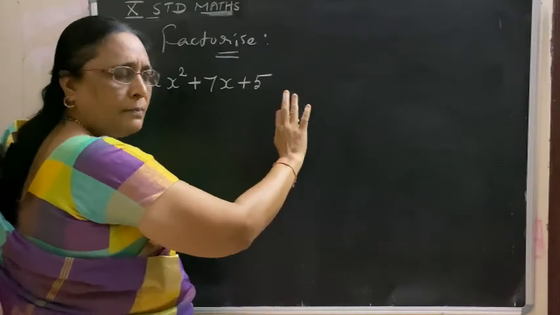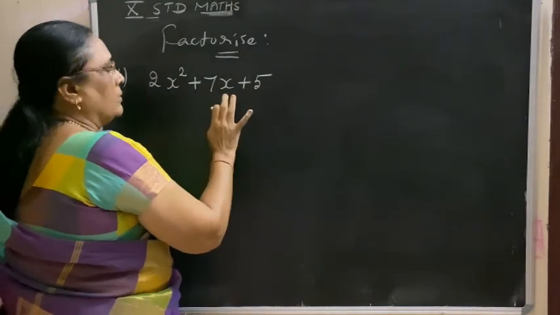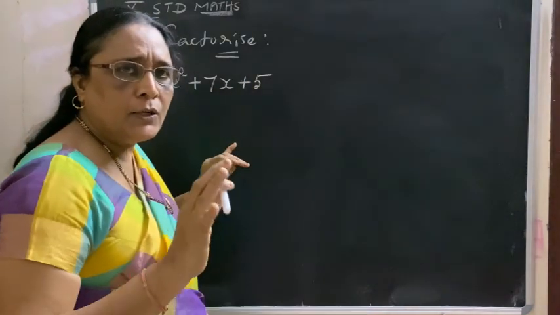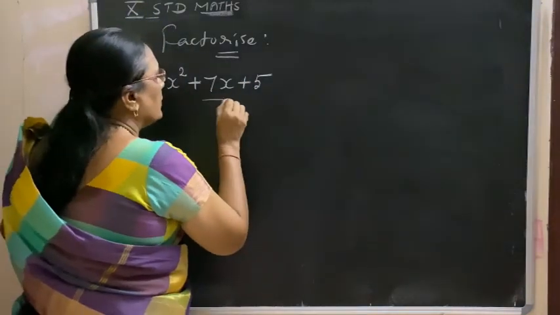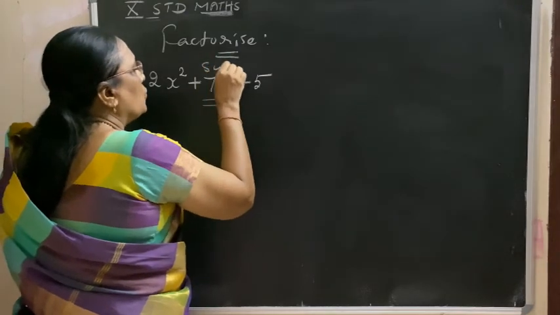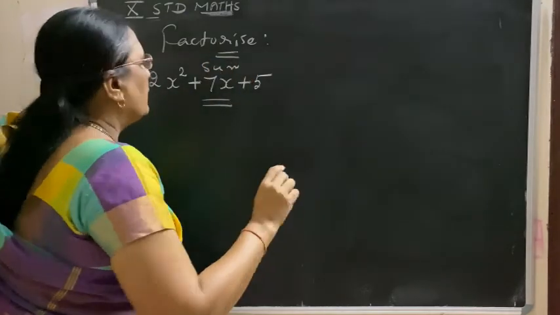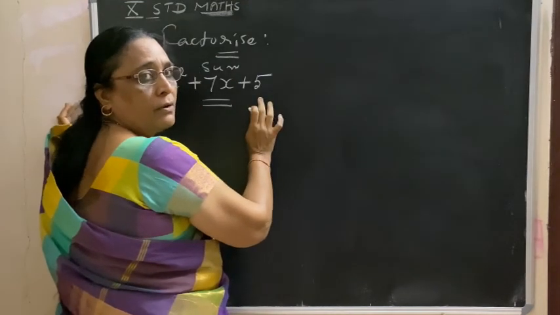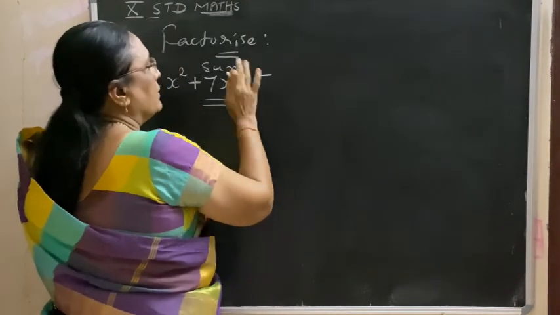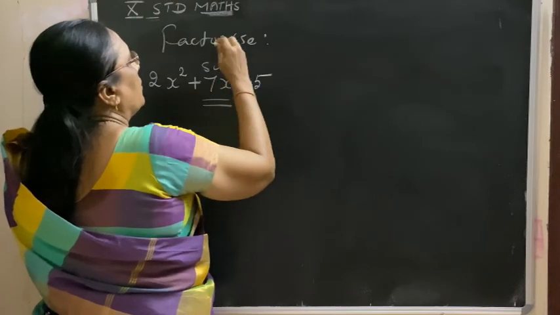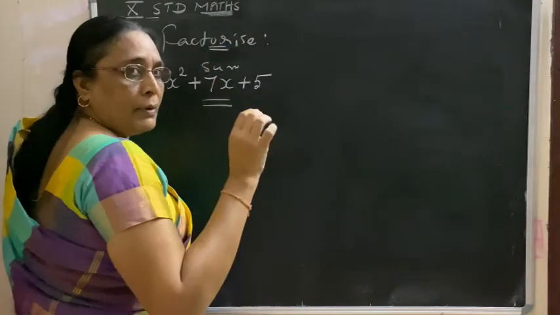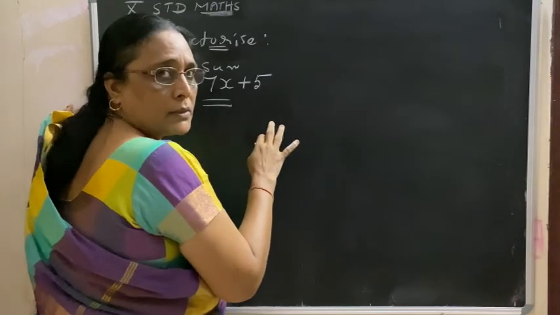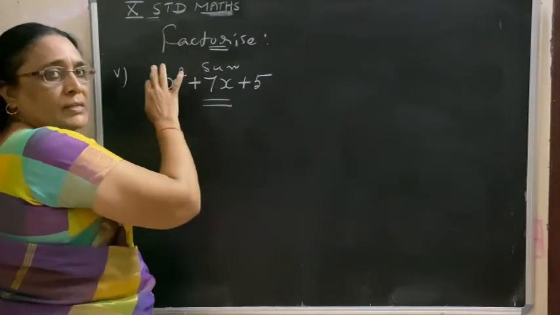Now see how the terms are given. All the terms are in plus. If all the terms are in plus, I already told you the center term you have to take as a sum of 2 numbers, and the last term as the product of the same 2 numbers. But here we can't take only the last term, because the coefficient of the first term is given.